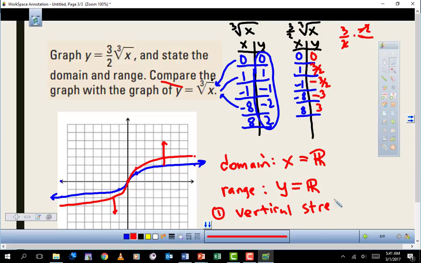And since there's no negative, there's no reflection this time. This graph is basically the same as this one. It's just being stretched in the y direction. Vertical stretch. Okay, so that should help you get through the first 4 problems on the study guide.